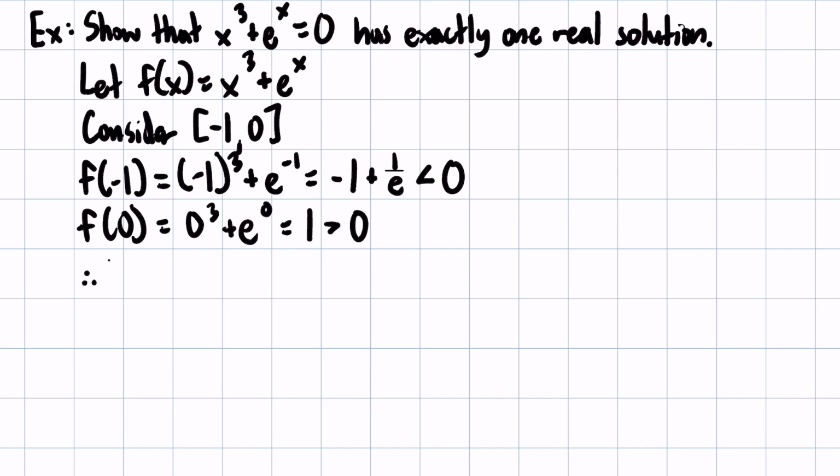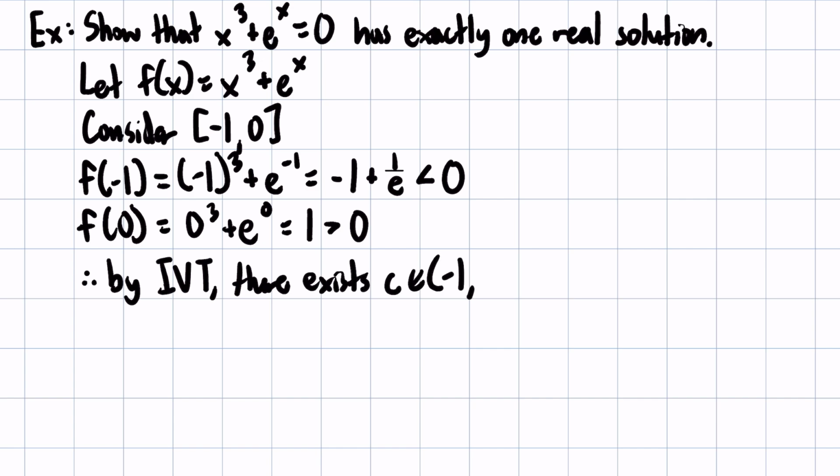So, based off of this fact, by the intermediate value theorem, there exists some c in the interval from -1 to 0, such that f of c equals 0.